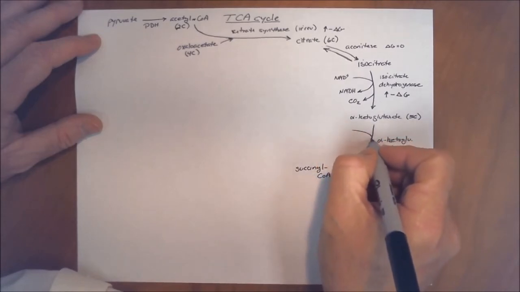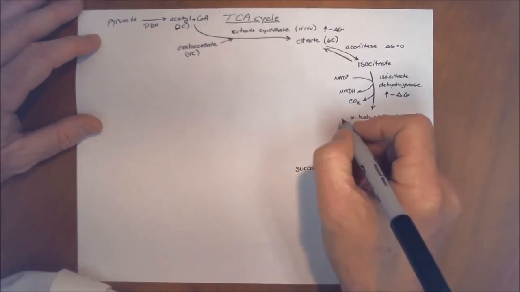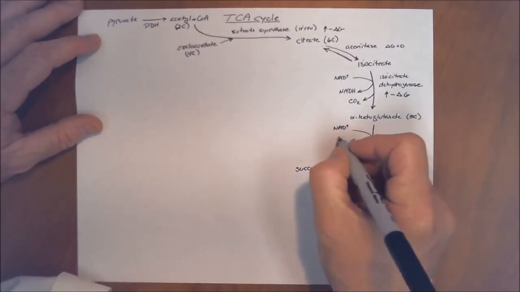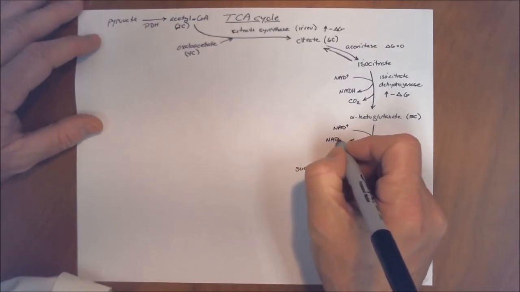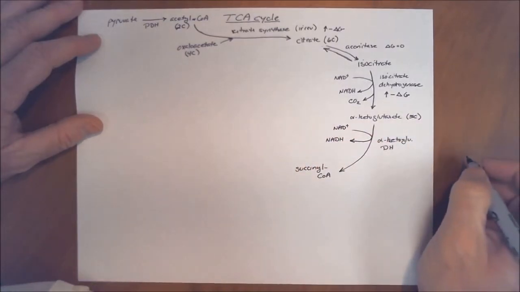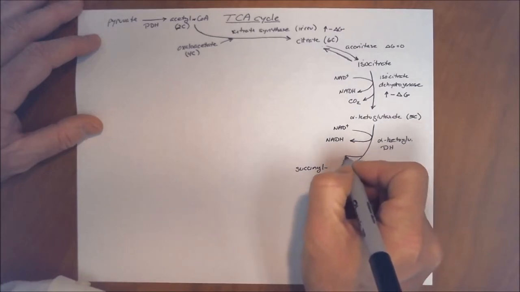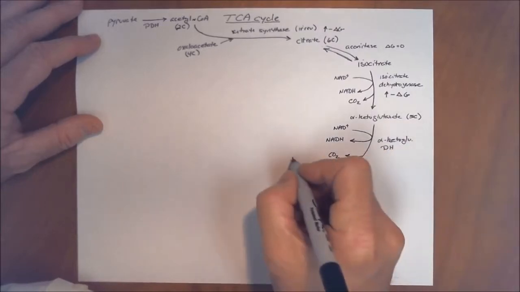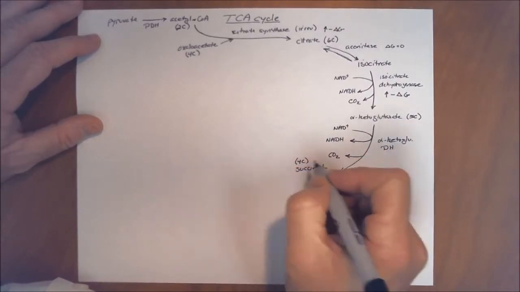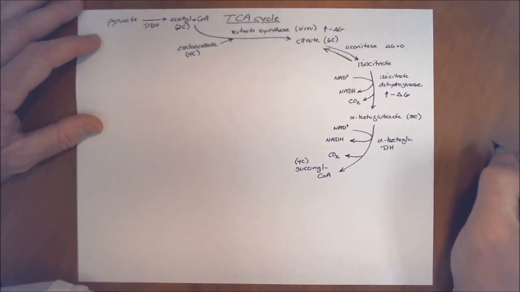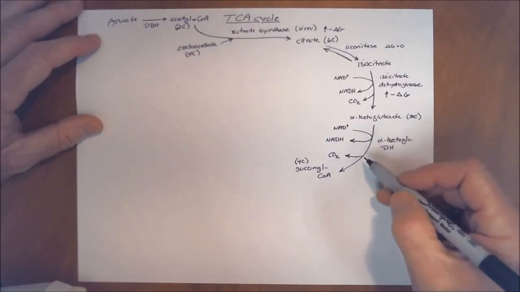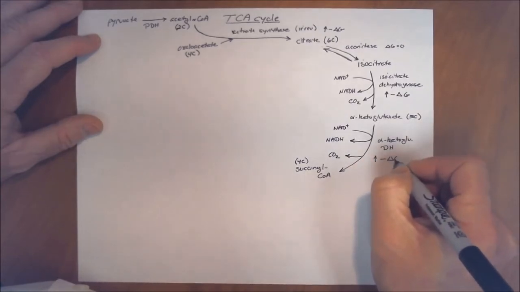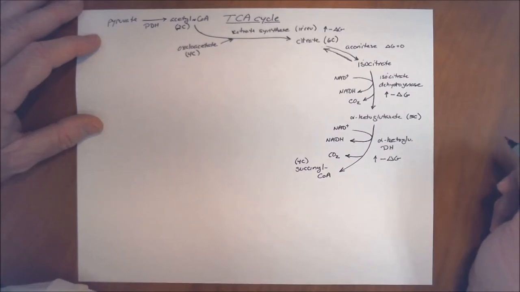So in this reaction, much like the previous one, NAD will be our acceptor of electrons to form NADH. And here we are going to lose our second CO2, bringing us back to our 4-carbon intermediate. Being a dehydrogenase reaction, this also has a very large negative delta G, making it also irreversible.